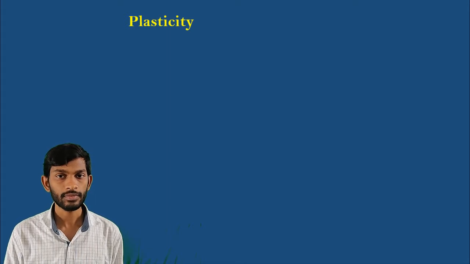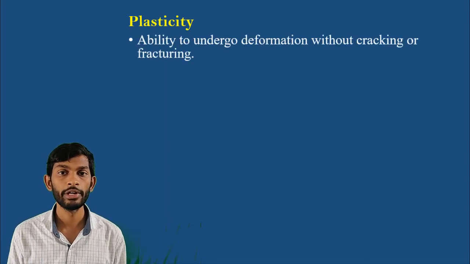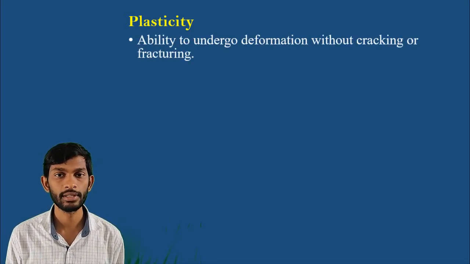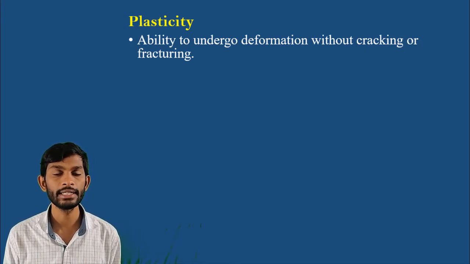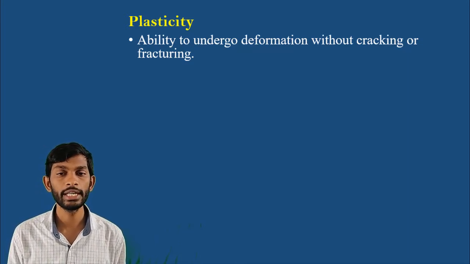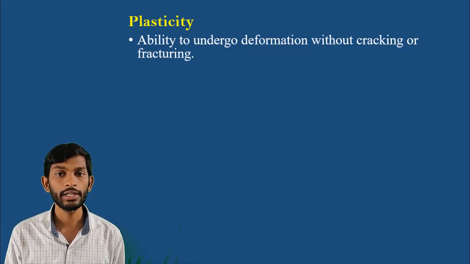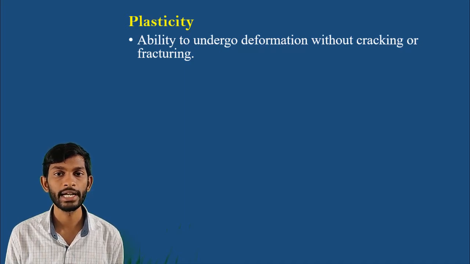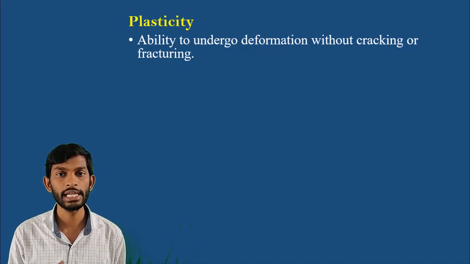Right? Now, before we talk about the index properties or the consistency limits or the Atterberg limits, I want you to understand what we mean by plasticity of a soil. So you all know plasticity of a soil can be defined as the ability of a soil to undergo deformation without any cracks or without any fracturing process. You take clay, for example.